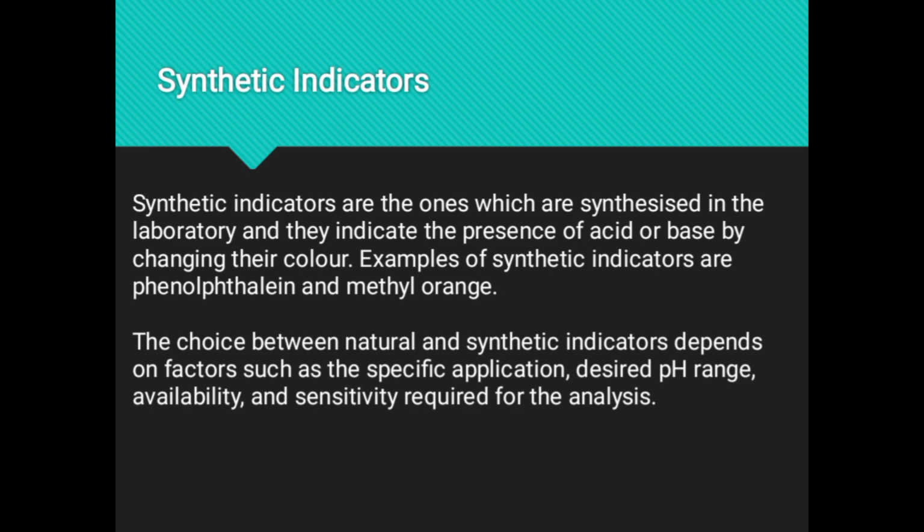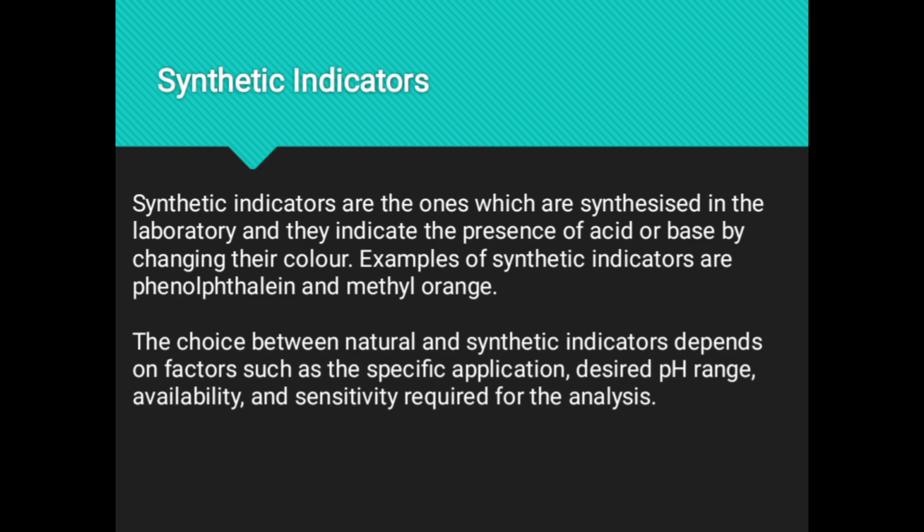The choice between synthetic and natural indicators depends on certain factors, such as specific applications, and the desired pH range for the experiment that you intend to carry out, because some of these indicators have wider pH ranges while some have lower pH ranges.